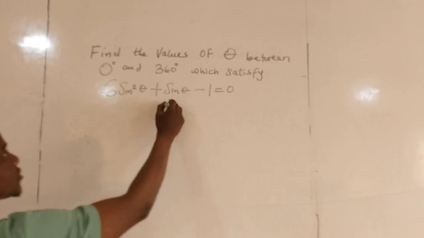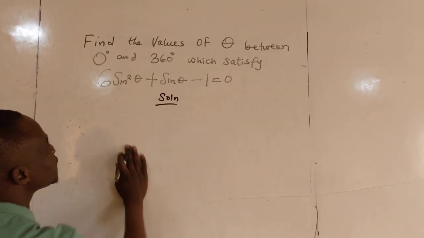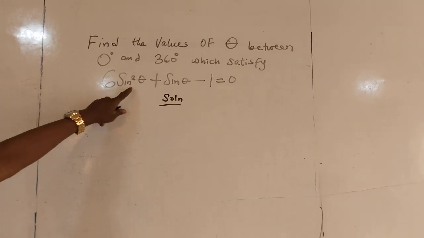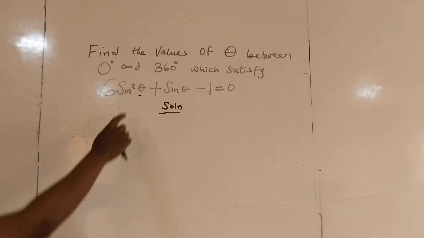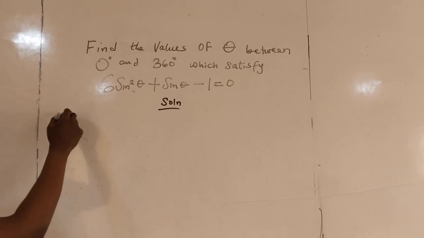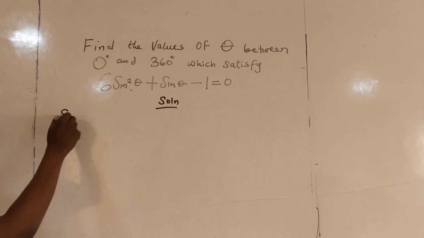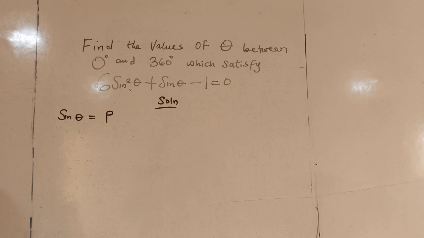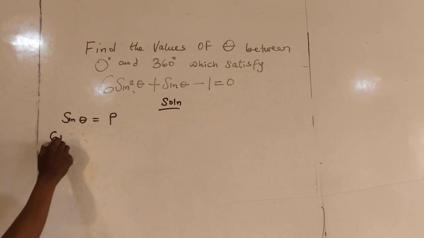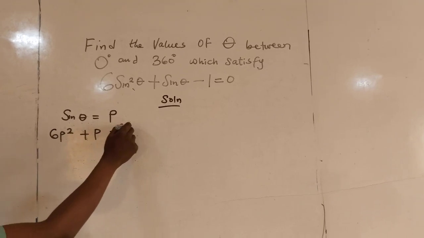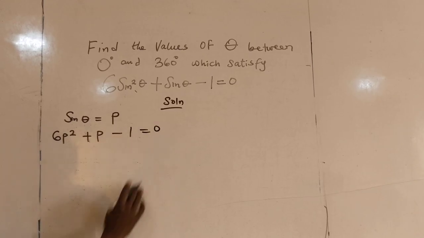If you see a question like this, the only thing we can do to solve for the value of theta is to let sine theta equal p. If you do that, we can say that 6p squared plus p minus 1 equals 0.